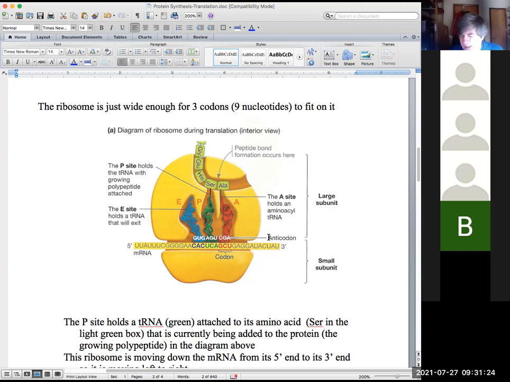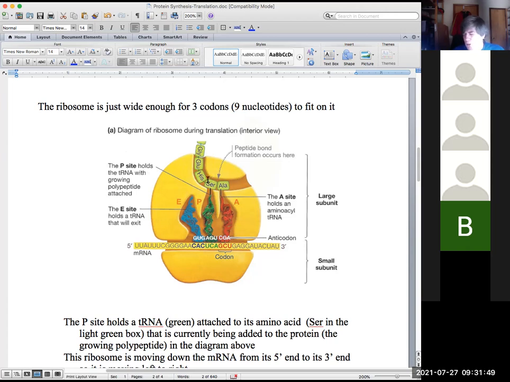Anti means against. So this means that this green transfer RNA that has the anticodon AGU can only attach to a piece of messenger RNA that has the codon UCA. So UCA on the messenger RNA, this is the instructions for serine.